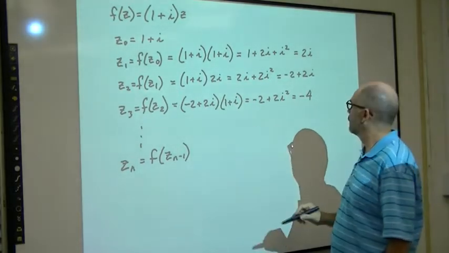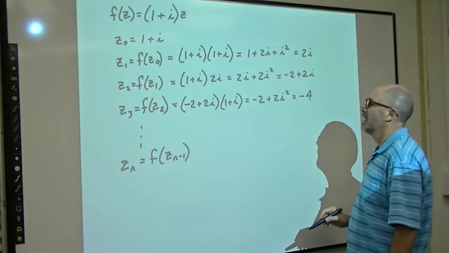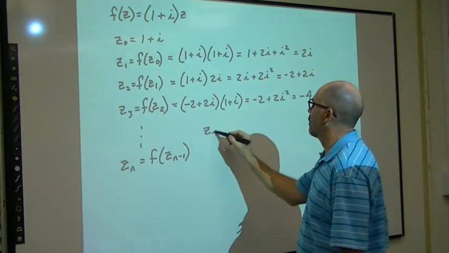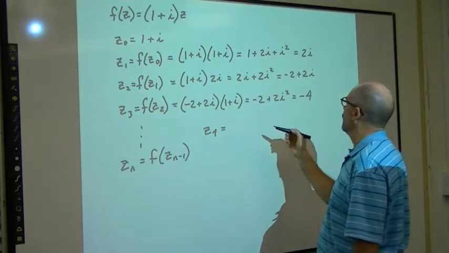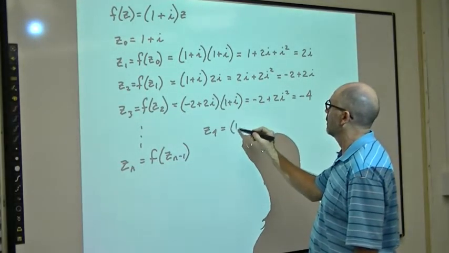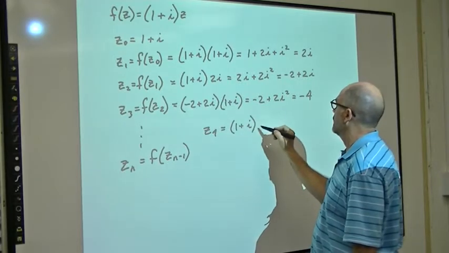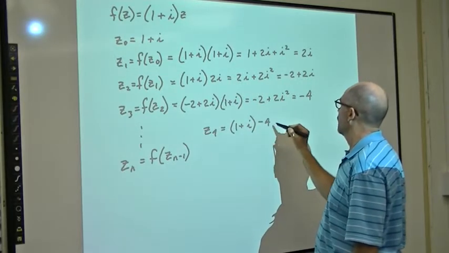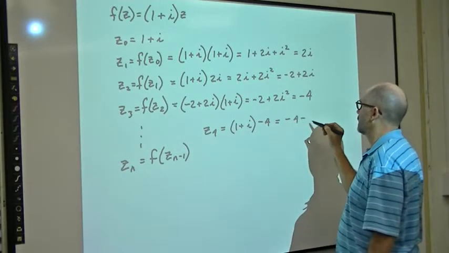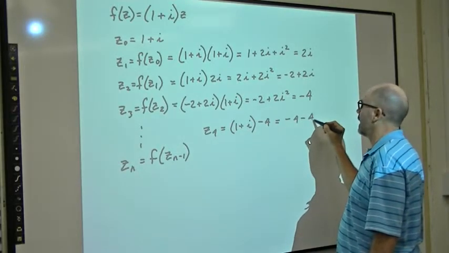That is right. Okay, so now I can say z sub 4 equals 1 plus i times negative 4, which equals negative 4 minus 4i.